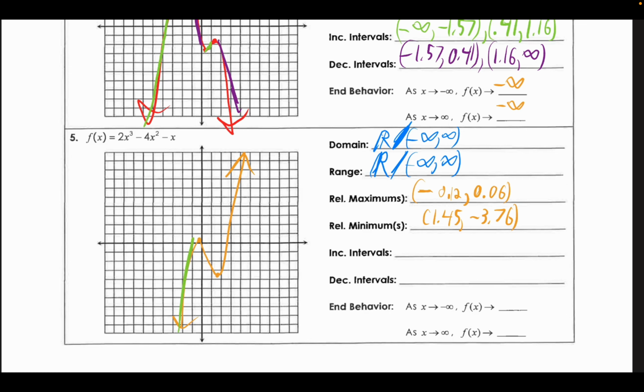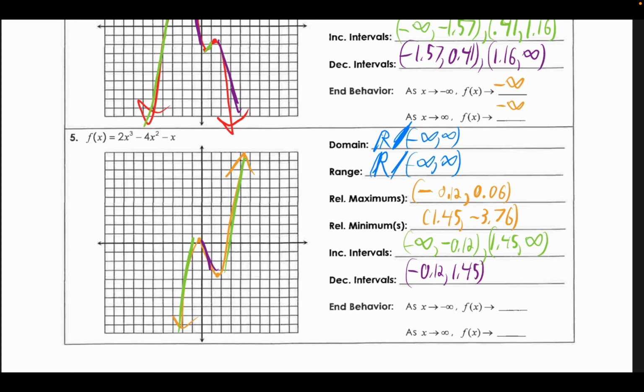Increasing intervals are in green, so that would be from negative infinity to our relative maximum, negative 0.12, as well as from the relative minimum to positive infinity, so 1.45, comma infinity. And then the decreasing interval is between our relative maximum and minimum, so negative 0.12, comma 1.45.